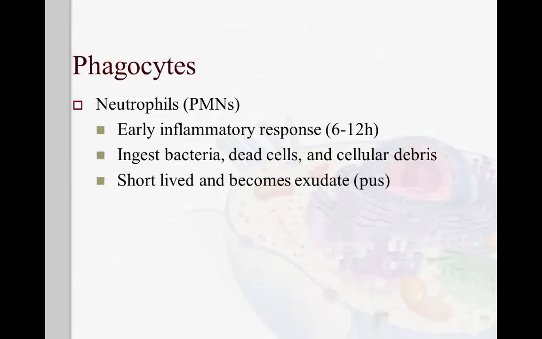It could take 6 to 12 hours. I'm not going to ask you any numbers, but the first one that migrates is a polymorphonuclear, the predominant phagocyte that migrates first to the area of infection. Remember that this is the one that also attracts other pro-inflammatory mediators and other cells to the area of infection.